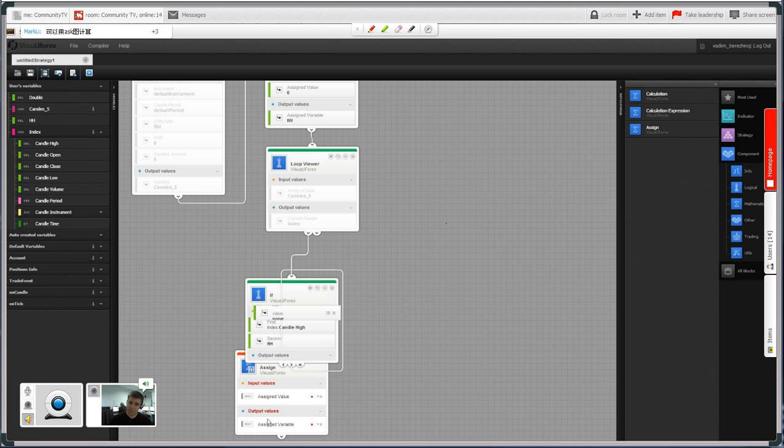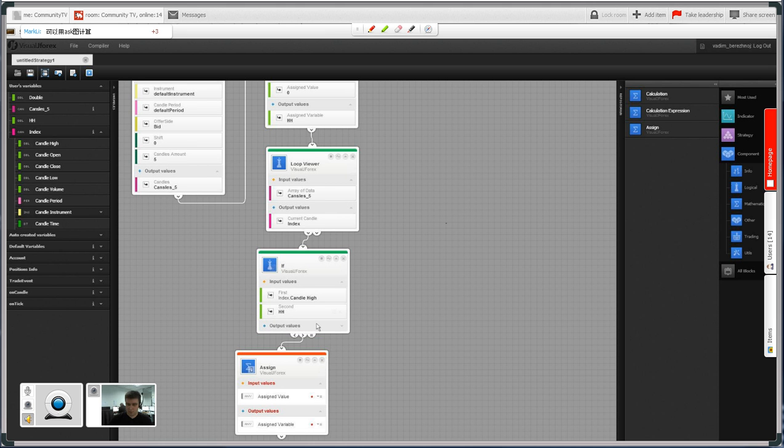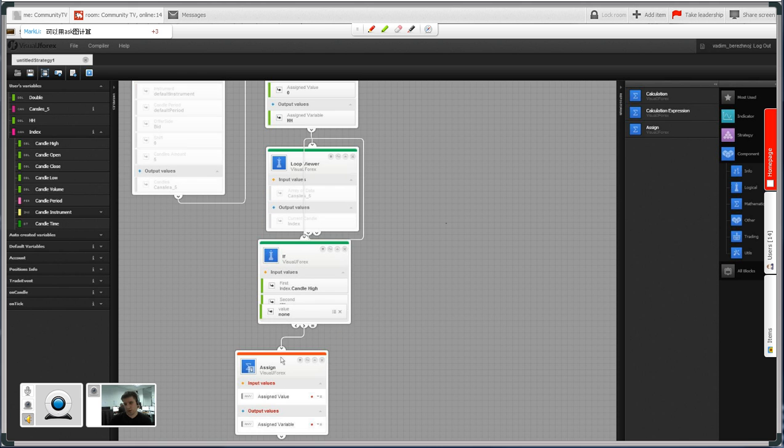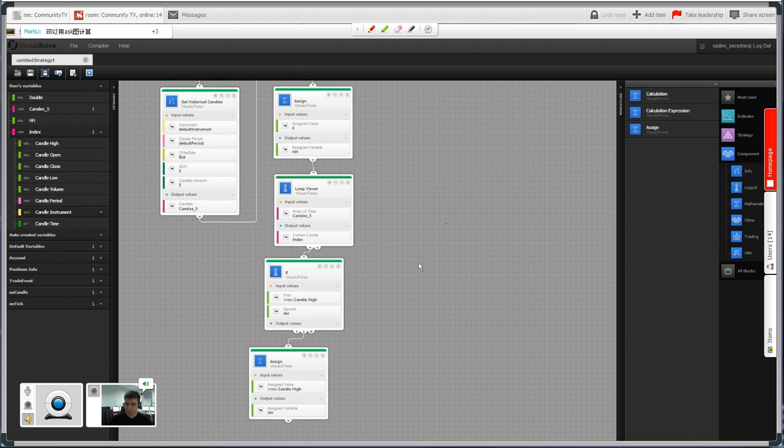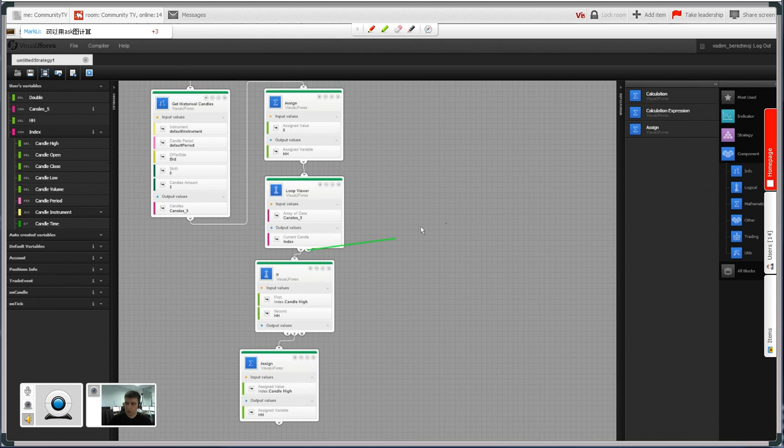Once again, in output values we use our variable, and in input values we use current high index candle. In result, we have the highest point of 5 candles, and here we can place a stop and open.